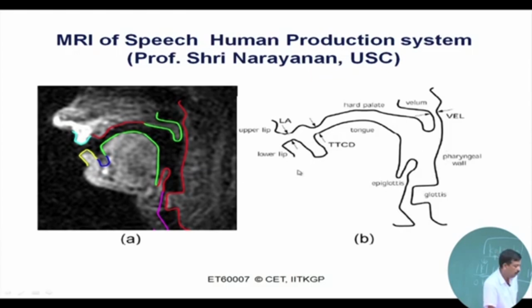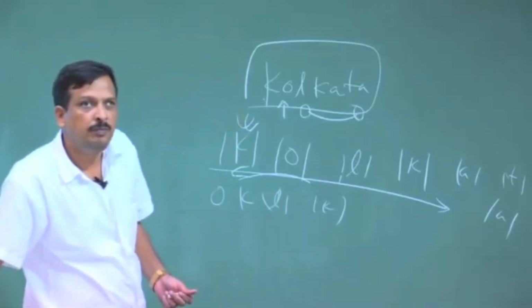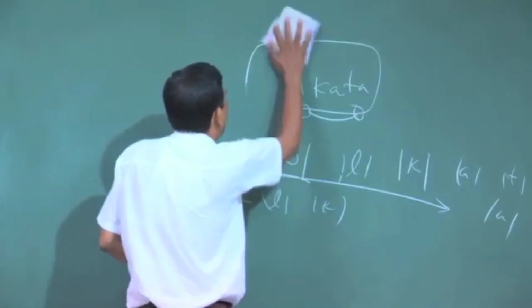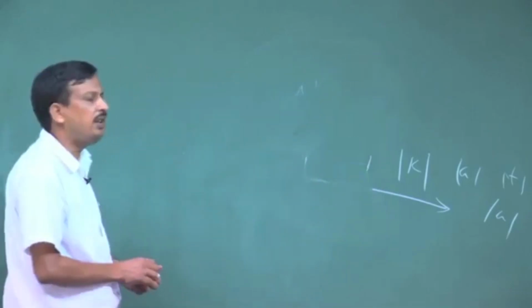Okay. Now, the schematic representation of the speech production system looks like this. This shows how speech is produced by a human being. There are lungs. What is the source of sound? Forgetting about speech, the basic source of sound is nothing but vibration.